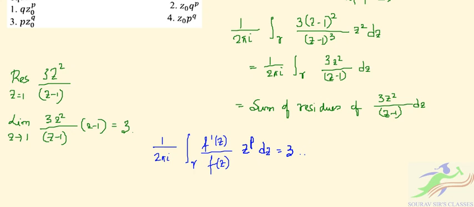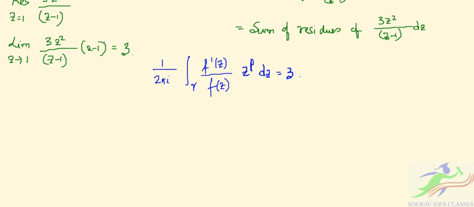Now we have to check with the options. Option 1, q z0 to the power p, which is 3 times 1 square, is equal to 3.